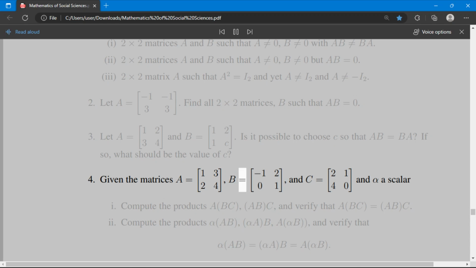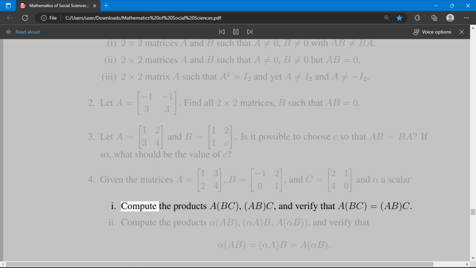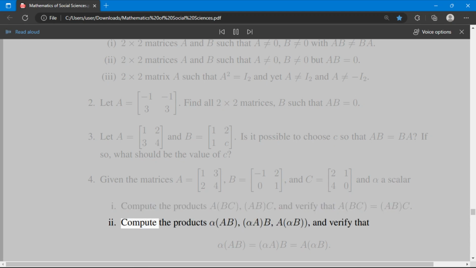Given the matrices A = [1 3; 2 4], B = [1 2; 0 1], and C = [2 1; 4 0], and alpha a scalar. Compute the products A(BC) and (AB)C, and verify that A(BC) equals (AB)C.